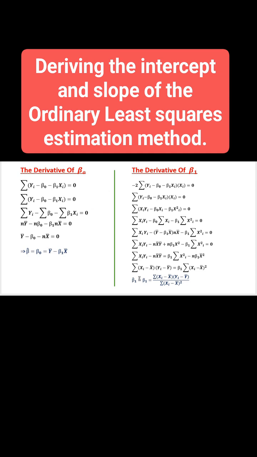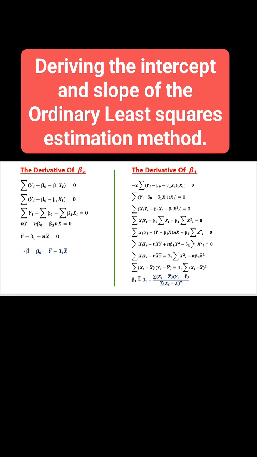So we would be substituting those specific formulas I showed you, and then you would be having n y bar minus n beta 0. We'll substitute n in beta 0 since it's the sample size and beta 0 is the y-intercept. So it would be negative n beta 0 minus beta 1 n x bar, which would be equal to 0, right?